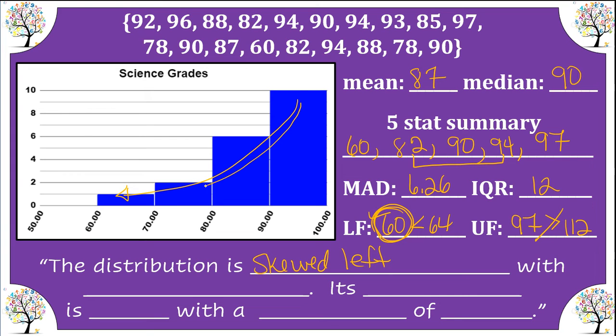It is the direction of the tail with an outlier of 60. Since we have an outlier, we're going to use the median to describe the center measure, and it was 90. Remember, the median and IQR are resistant measures. And we're going to use the IQR because we had an outlier, and it was 12.